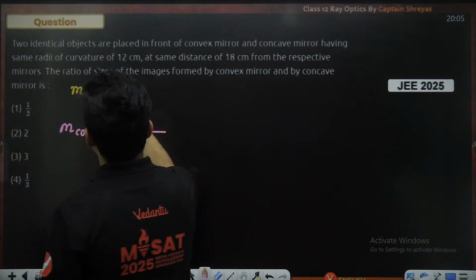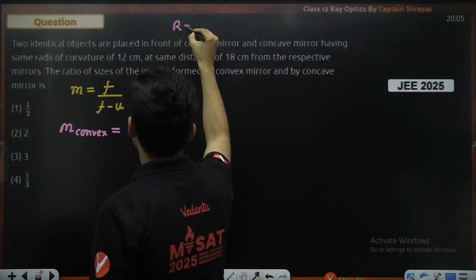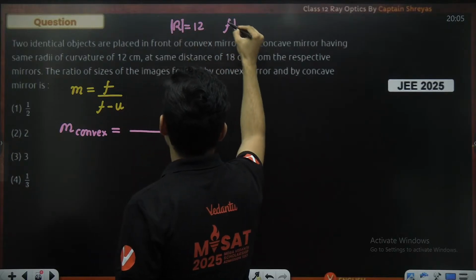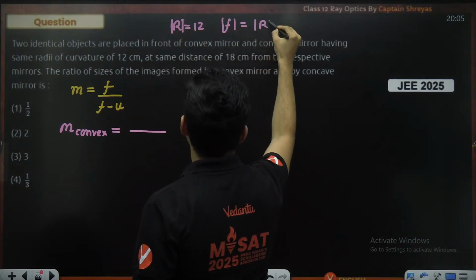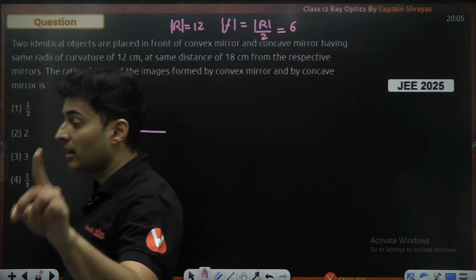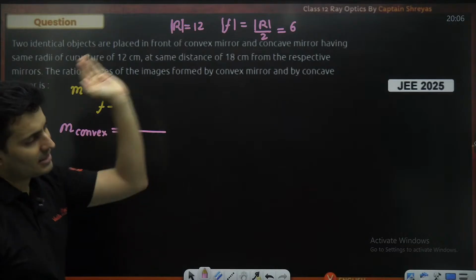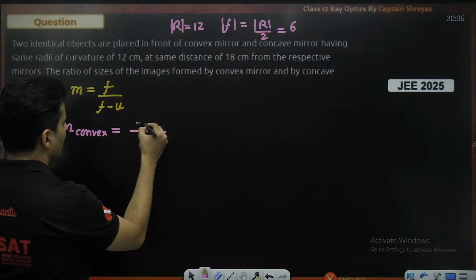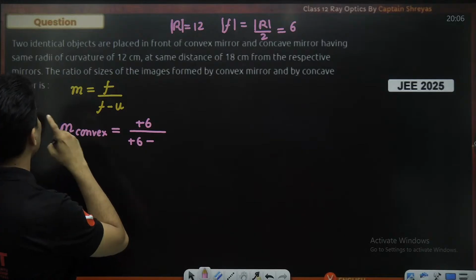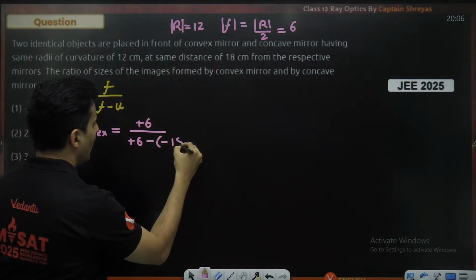Since radius of curvature is 12, magnitude wise, focal length is radius by 2. That means it will be 6. For convex, focal length is positive. So I'll put plus 6 and minus object distance. Distance is 18 centimeters. So it will be minus 18.